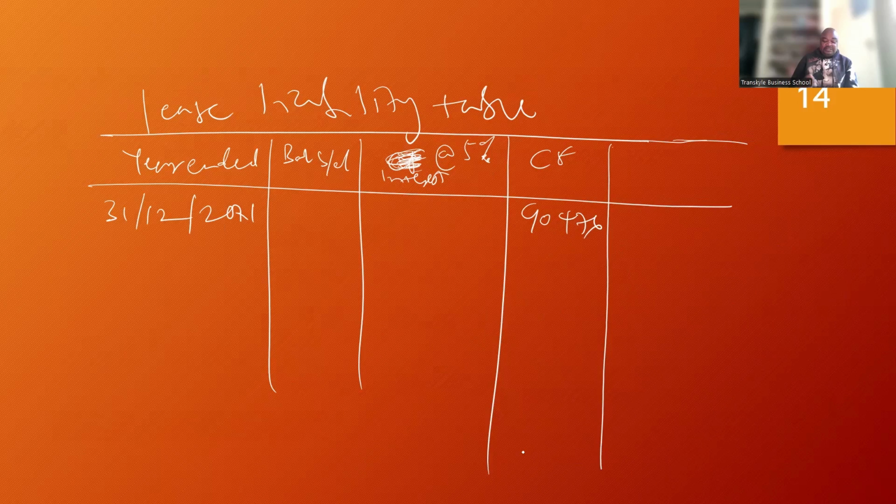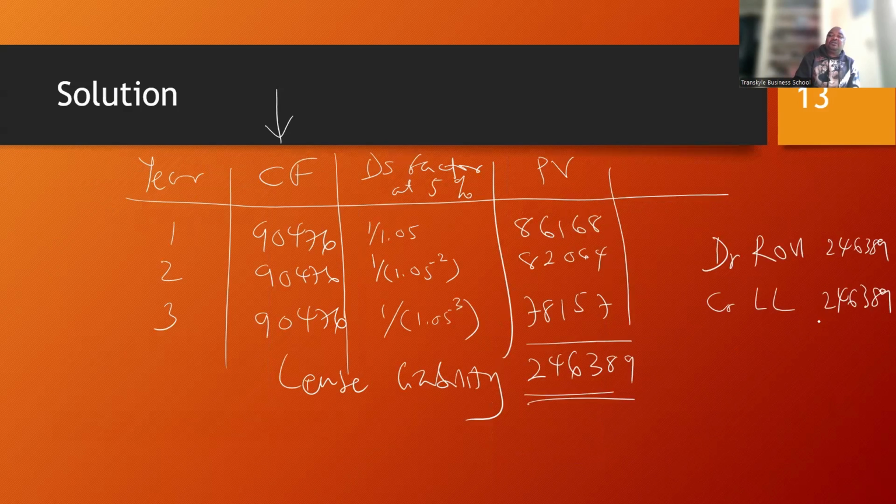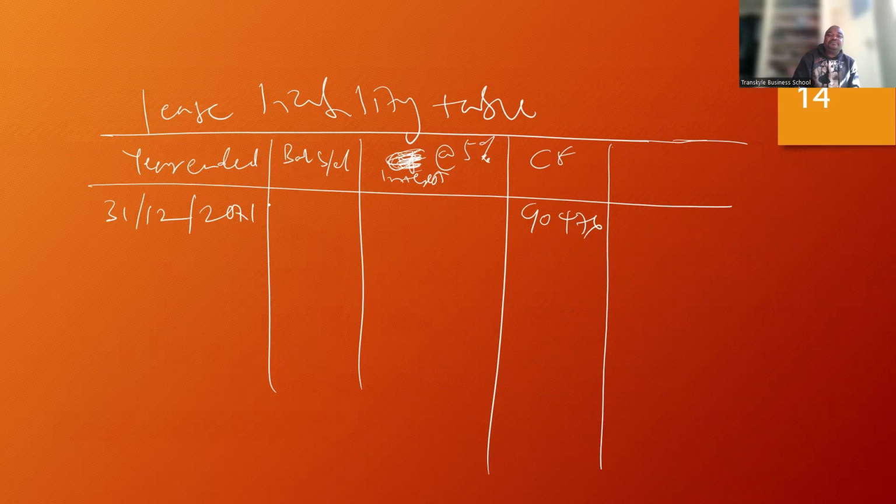So what is the balance BD? The balance BD of the lease liability is this amount, which we determined there: 246,389.